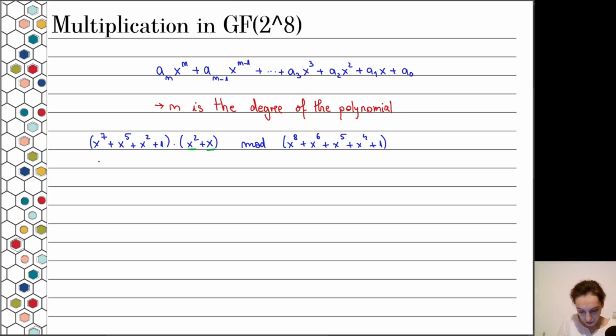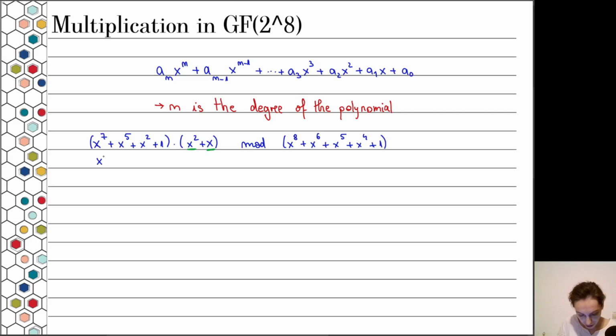So we will have x powered by 2 times this polynomial. So as you already know, we will take each term and we will add the powers: 7 plus 2 is 9.